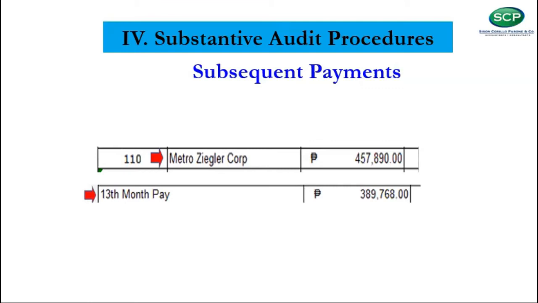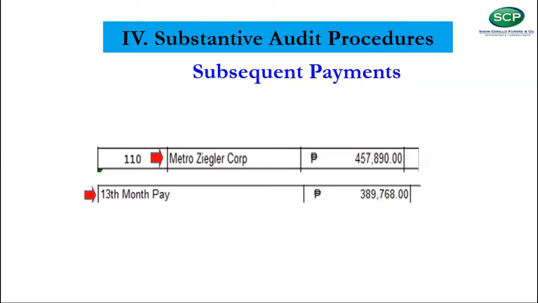So, we will need to ask the client first why the amount remained outstanding at the end of the year. We will then need to perform procedures. Kung ano may sabihin ng kliyente, we will need to perform procedures to substantiate the client's explanation and to verify the appropriateness of the amount recorded.